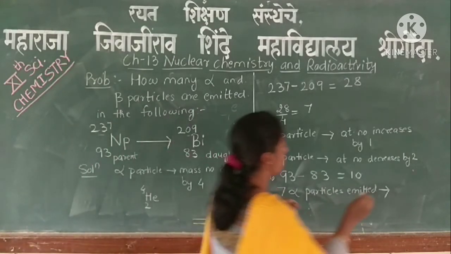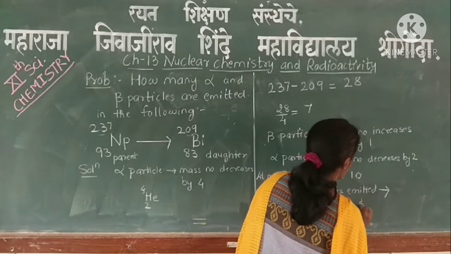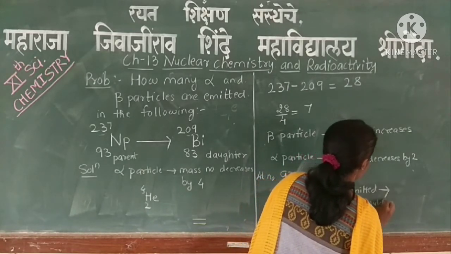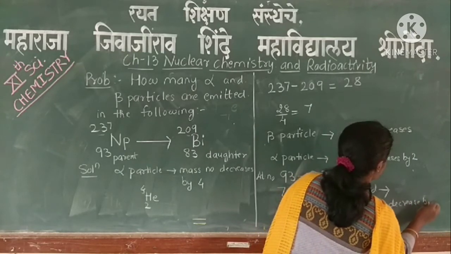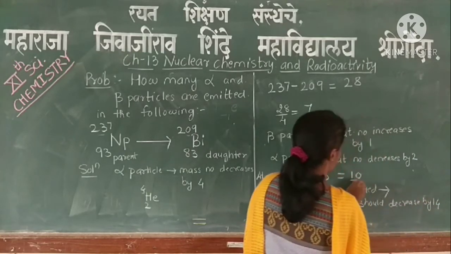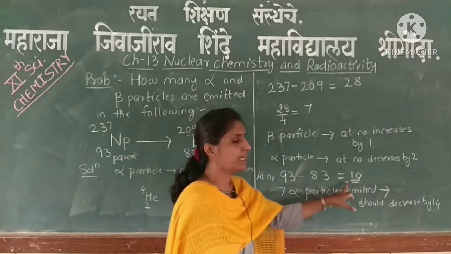So your atomic number should decrease by 14. But it is decreasing by only 10. Okay, so it is decreasing by 10 only.